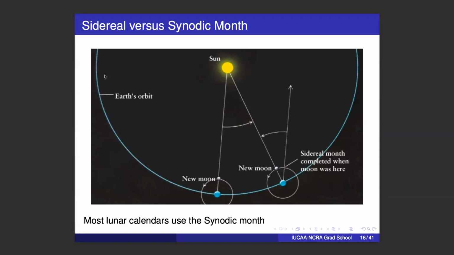So this is the sun, the moon going around, and that extra time that it needs gives you a synodic month. The sidereal month is some 27 days and some hours, and the synodic month is 29 days and some hours. So it needs approximately 2 extra days to line up with the sun once again.